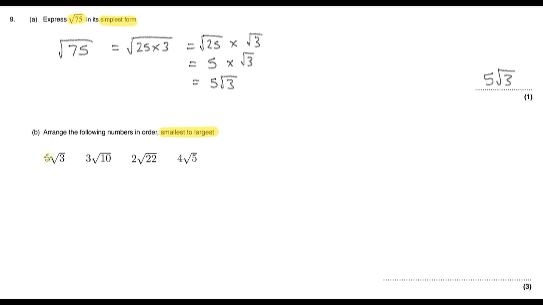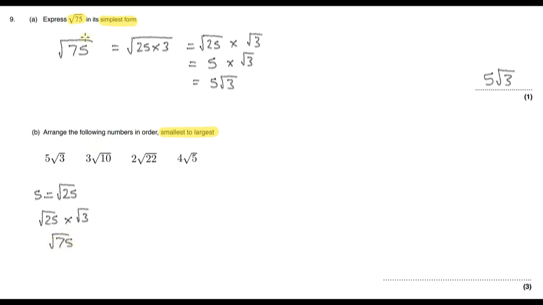So instead of writing 5, I know that 5 is the same as root 25. So instead of 5 times root 3, it's going to be root 25 times root 3, which is the same as the square root of 25 times 3, which is root 75.